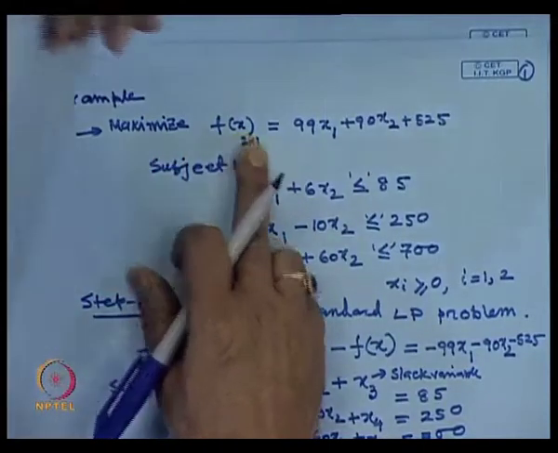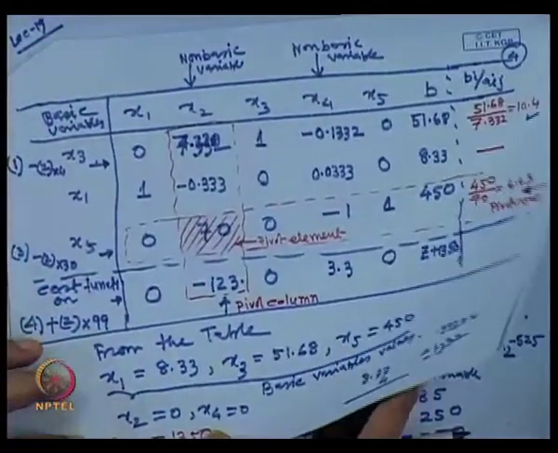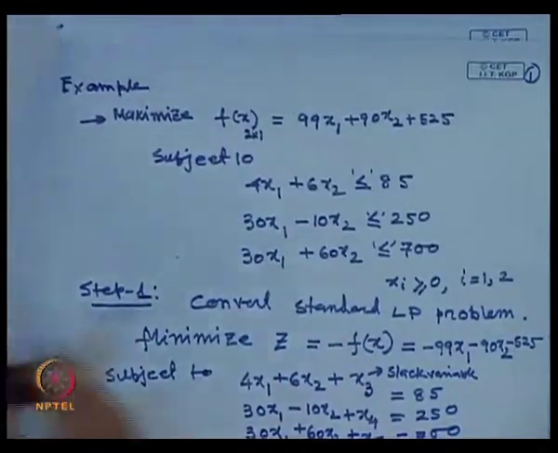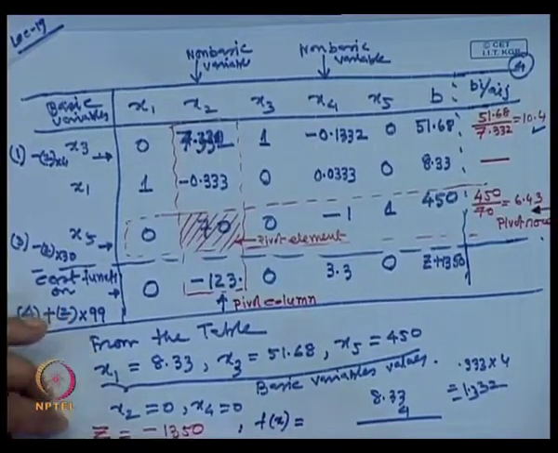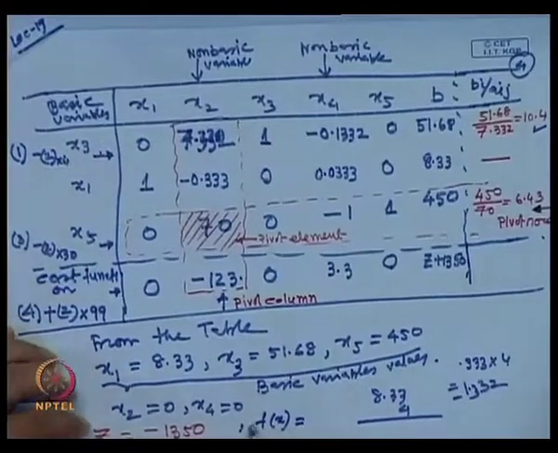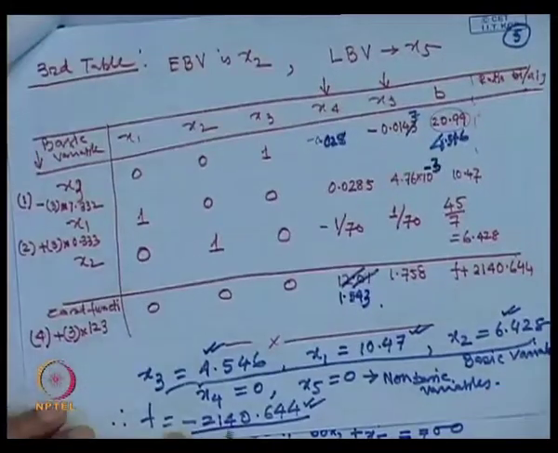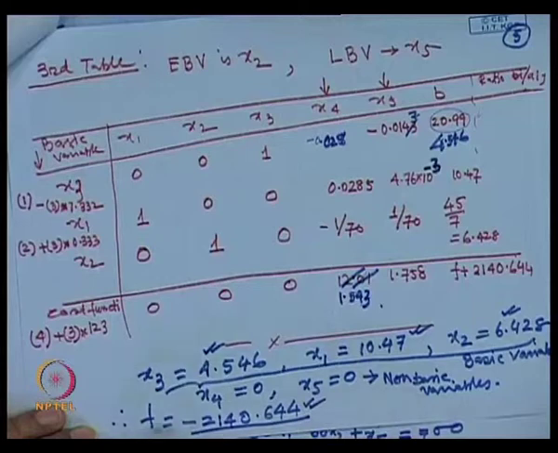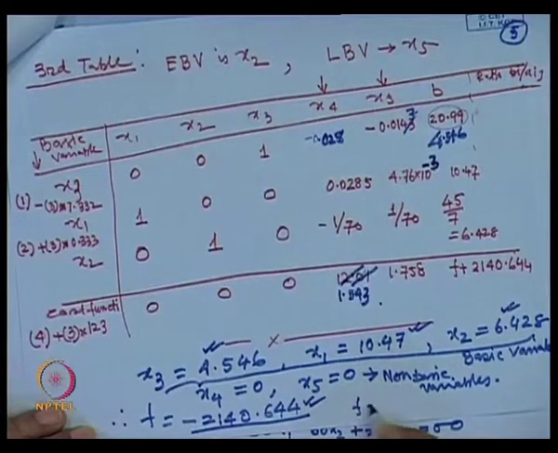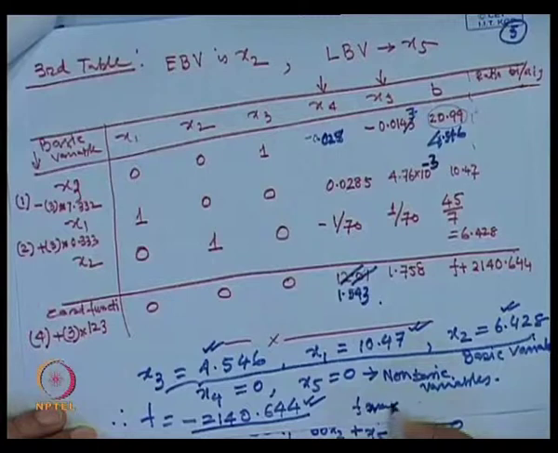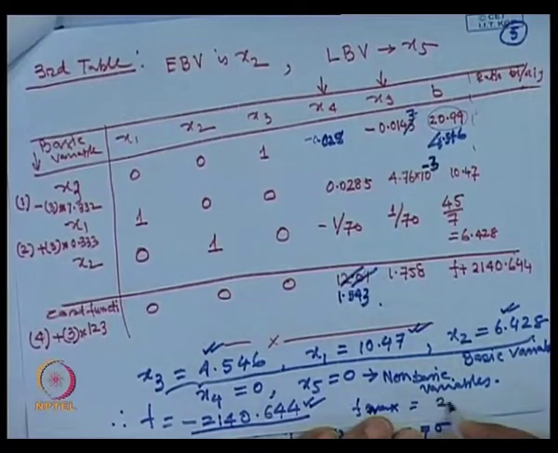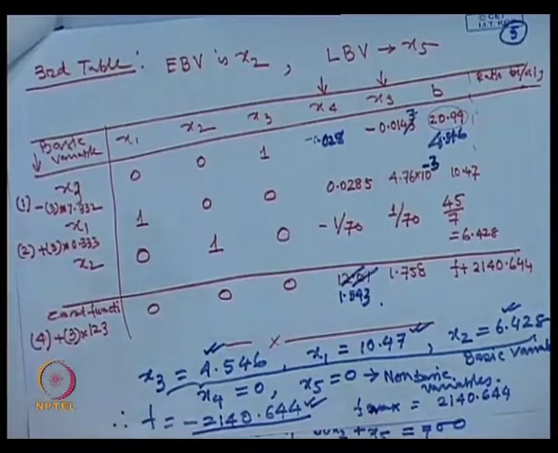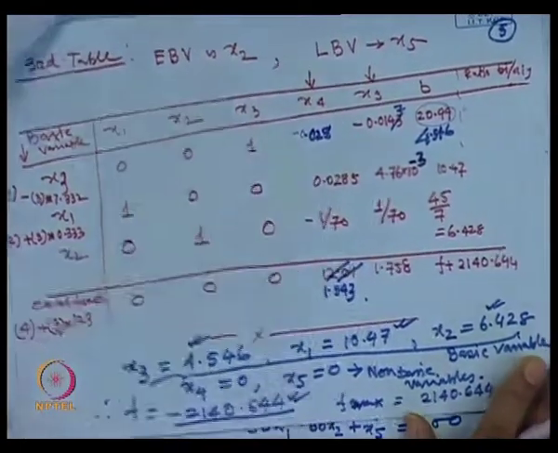We got the minimum value of f of x, so the maximum value of f will be minus of minus 2140.644. That is our maximum value.